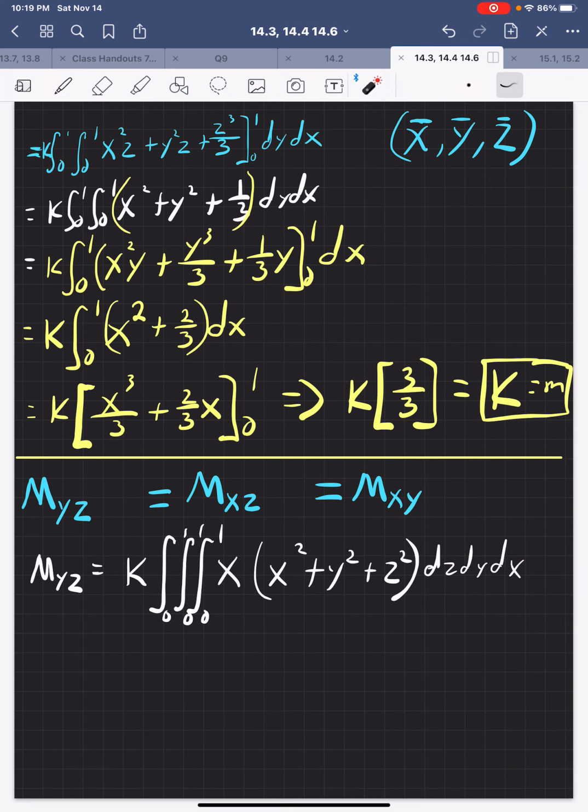So not bad. As long as you found the integration that I did up here easy, all you would do is distribute this x, and the integration would not get any harder at all, okay?